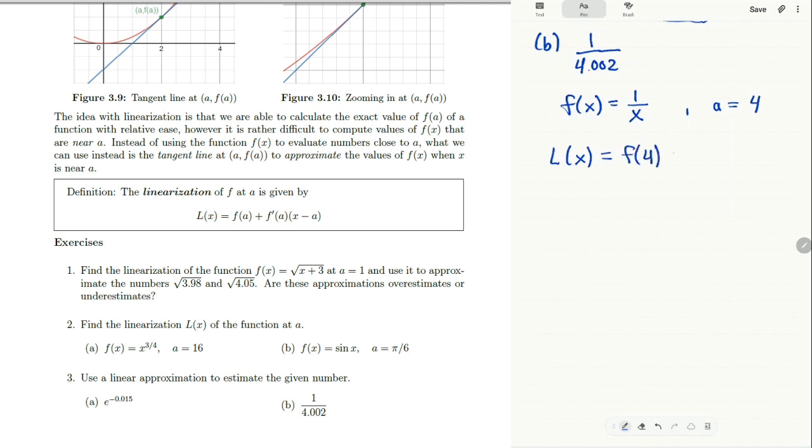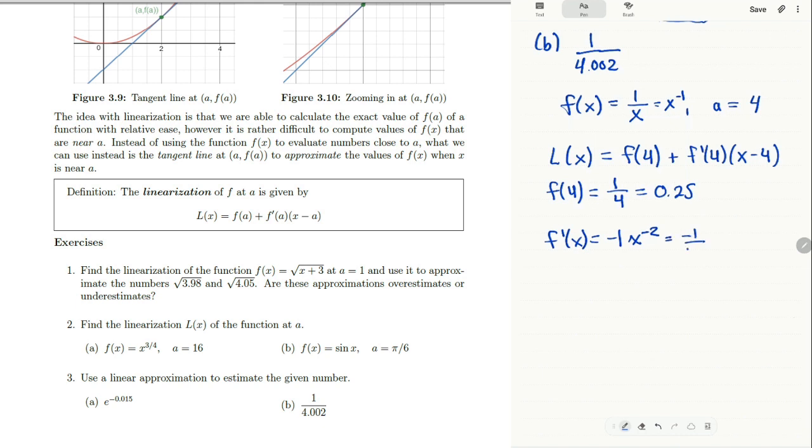And so L of x is going to be f of 4 plus f prime of 4 times x minus 4. Finding f of 4, we get 1 over 4, which is 0.25. And then to find f prime of 4, we first need its derivative. Using the power rule, we have negative 1 times x to the negative 2. So that is negative 1 over x squared.